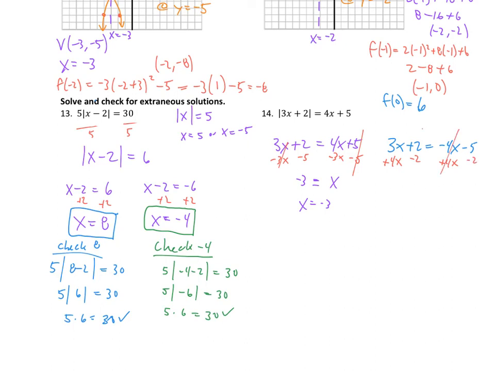So those will cancel, leaving me with 7x. So 7x equals -7, divided by 7. So x equals -1. All right, so here's our two answers.